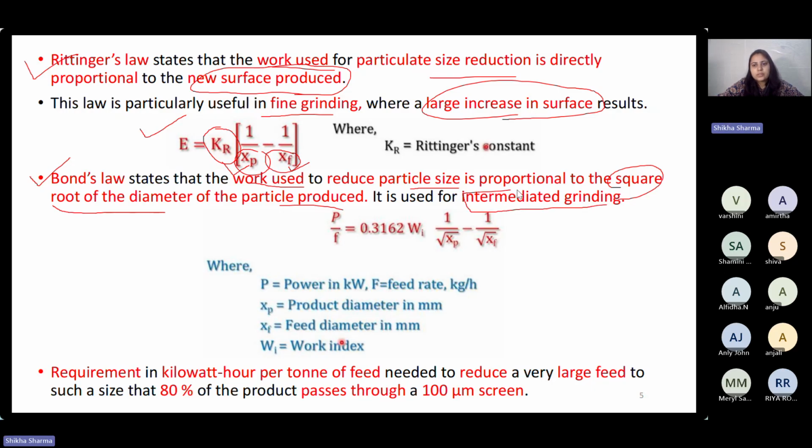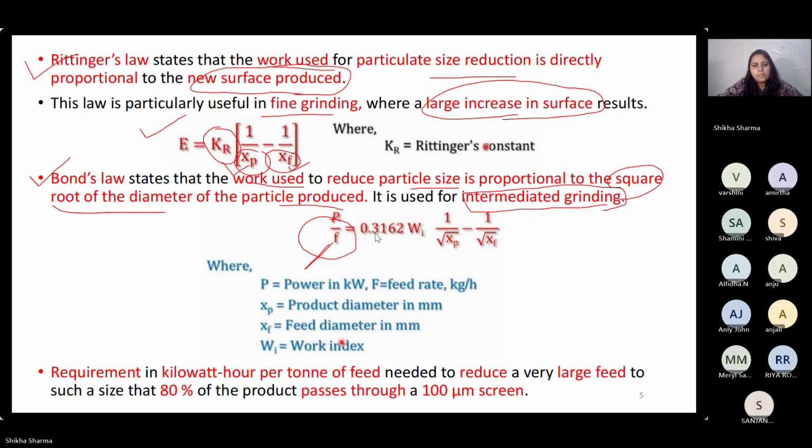intermediate grinding process. So here P by F, which is power divided by F. What is F here? Feed, right?